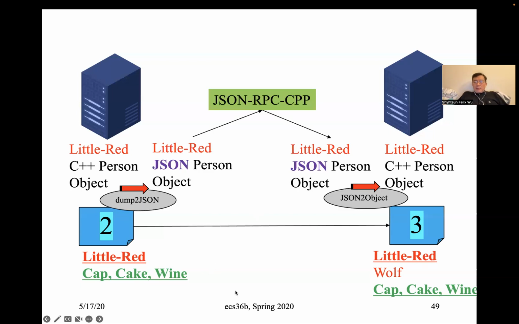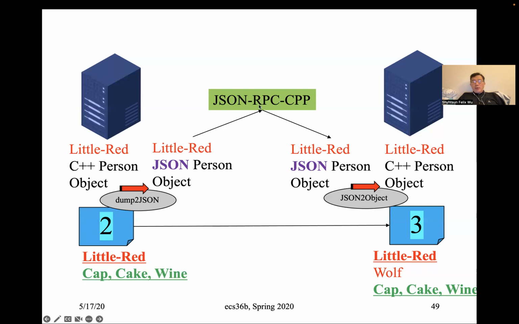And then to express this in more detail, in HW5 home.cpp you need to have a C++ person represent little red. I'm only using little red, but you can generalize and apply this to cap, cake, and wine. So you need to convert that using the function dump to JSON, which you already did in homework assignment number 3, and convert this to a little red JSON person object.